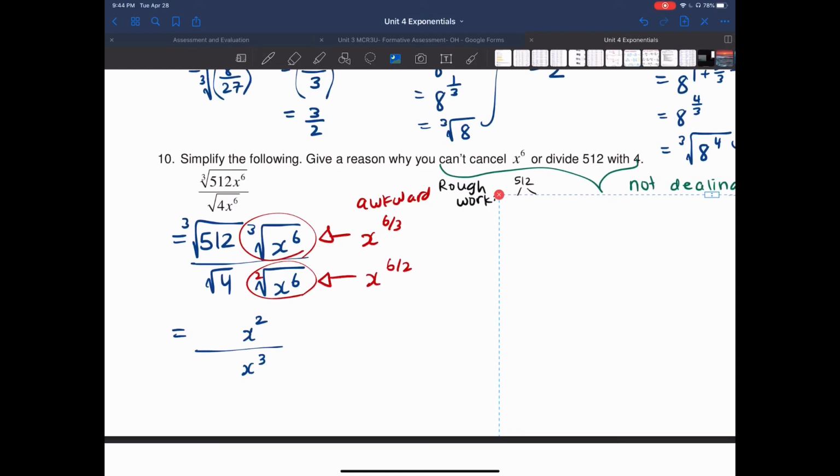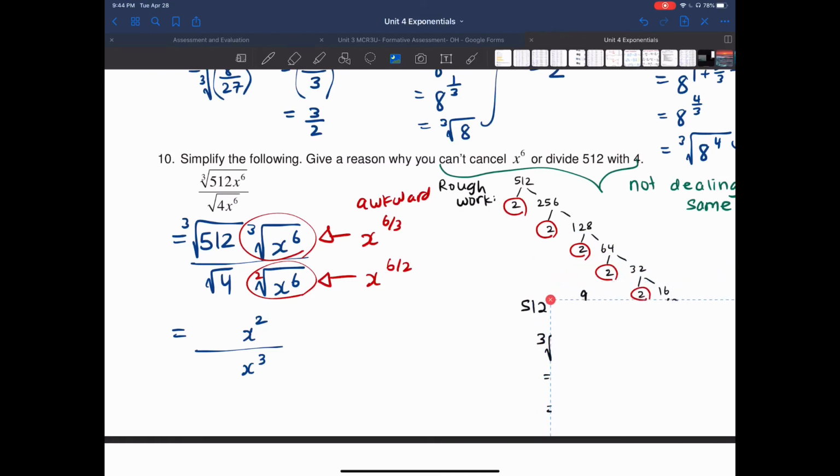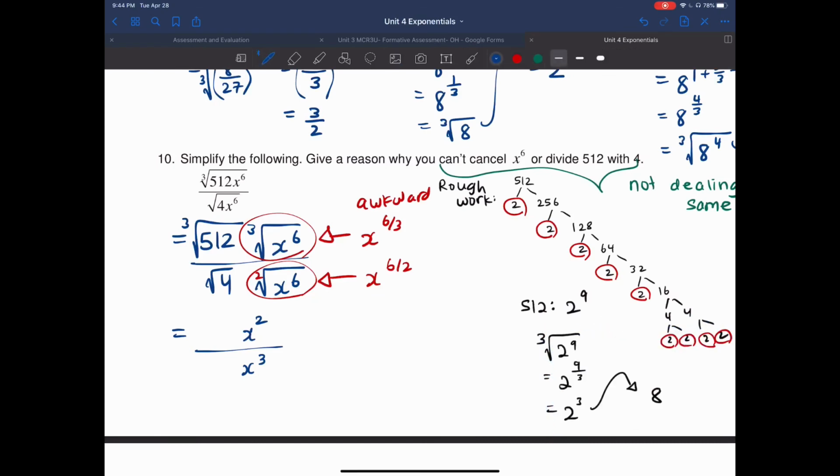So 512 splits to 2 and 256, 2 and 128, 2 and 64, 2 and 32, and you keep going. And what you're going to find is that 512 is made up of 2 to the exponent 9. And why is that going to help me is that, well, I can rewrite 2 to the exponent 9.